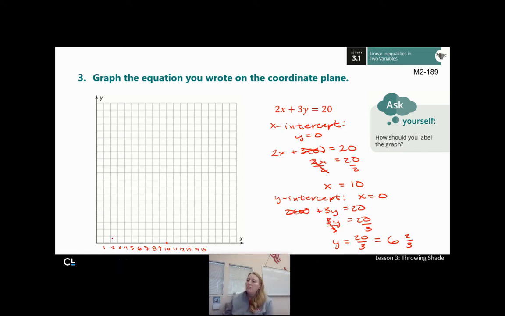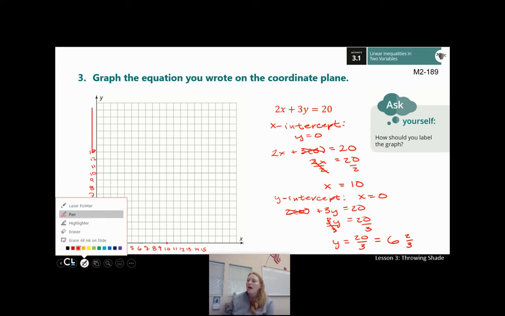So I'm going to go ahead and label my y-axis. 1, 2, 3, 4, 5, 6, 7, 8, 9, 10, 11, 12. We could go forever here. We're not going to go forever. We'll go a little further.